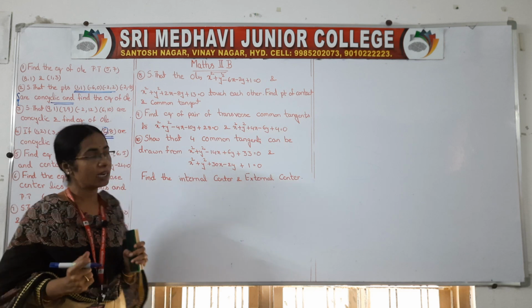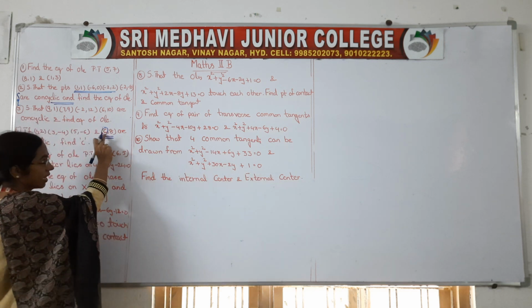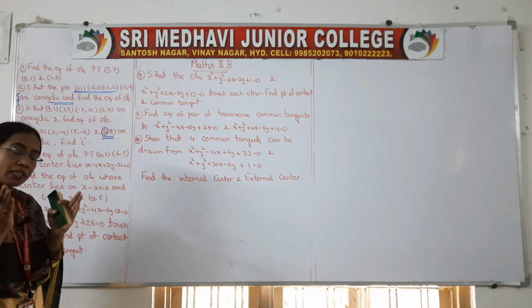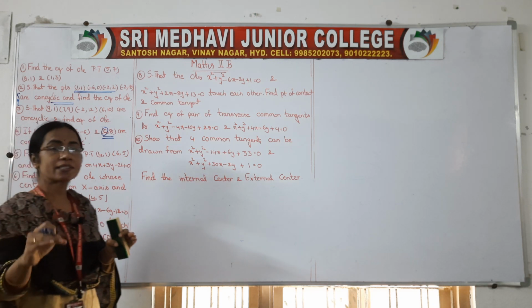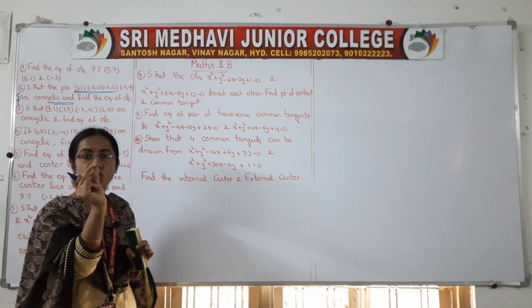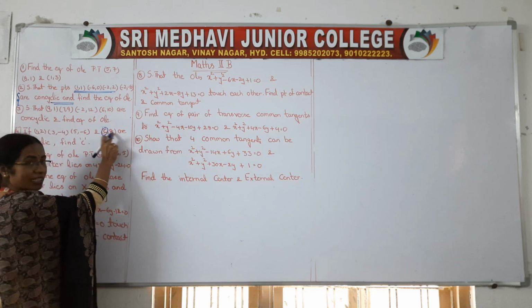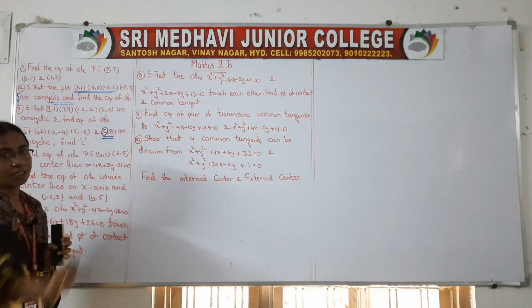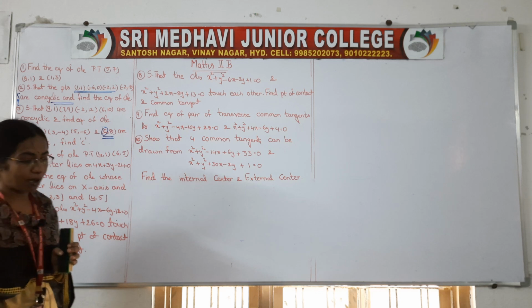But here it is given as (C, 8) and C is asked. So if these 4 points are concyclic, then find the x coordinate of that point, isn't it? The y coordinate is 8. Find the x coordinate of that point if all these 4 are concyclic.